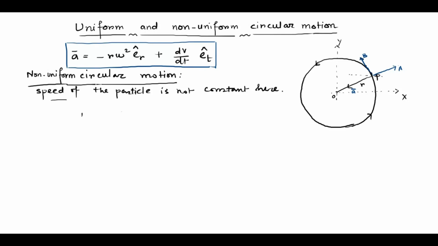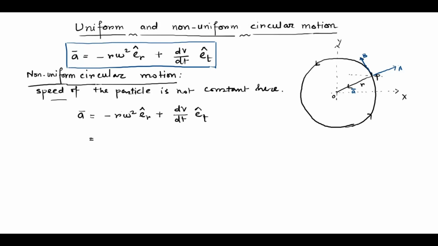So there exists a dv by dt term, so there are two types of component. The overall acceleration is minus r omega square e_r plus dv by dt e_t.